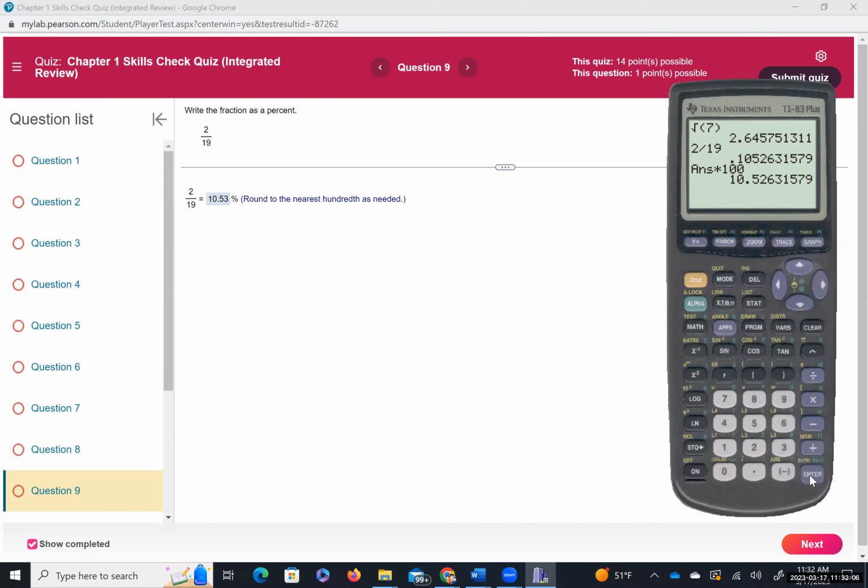So it's going to be 10.5 something percent, but they want you to round to the nearest hundredth. So then you stop at the second decimal there, right? So the 6 here affects the 2 to make 3. That's the reason why you have 10.53. Next.